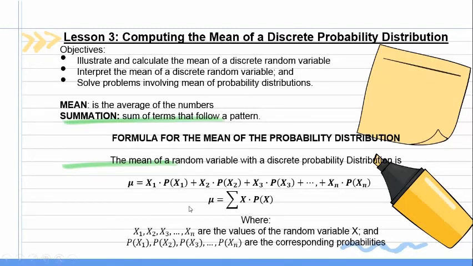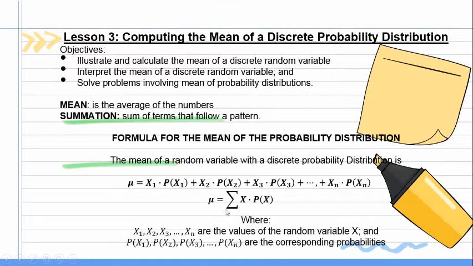So this is the formula in computing the mean of a probability distribution: it is equal to x sub 1 times probability of x sub 1, plus x sub 2 times probability of x sub 2, plus x sub 3 times probability of x sub 3, and so on and so forth.